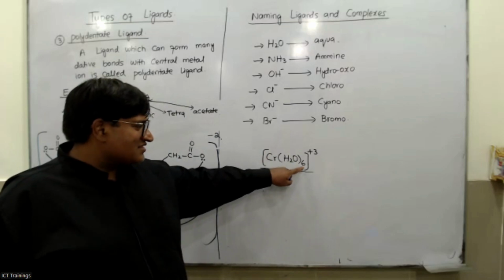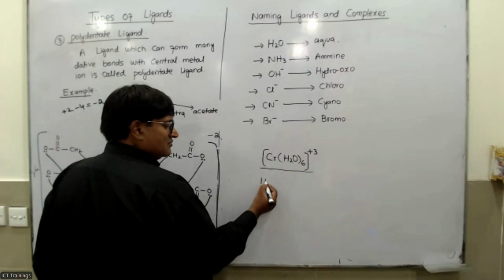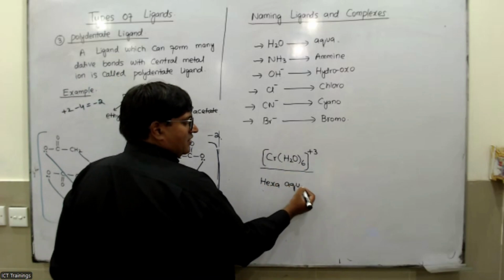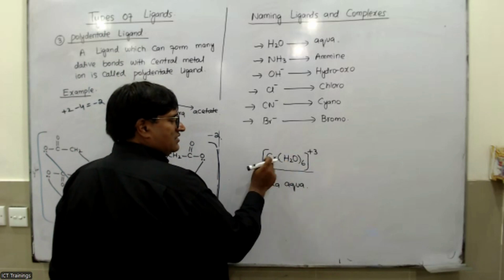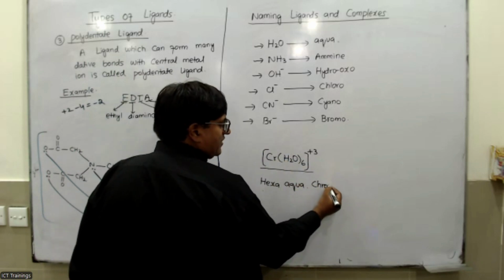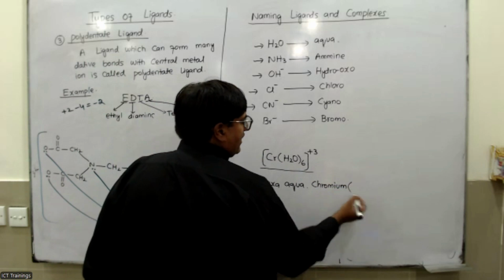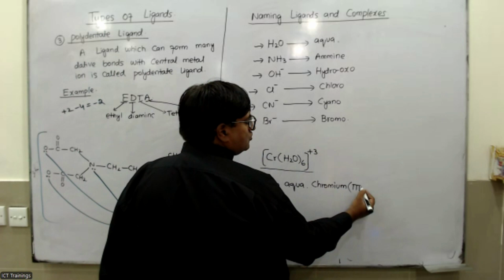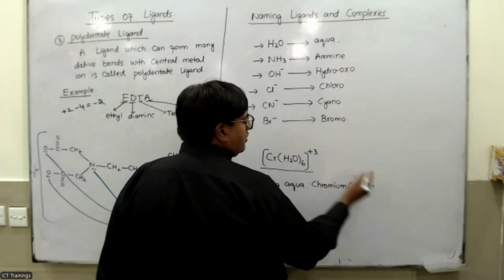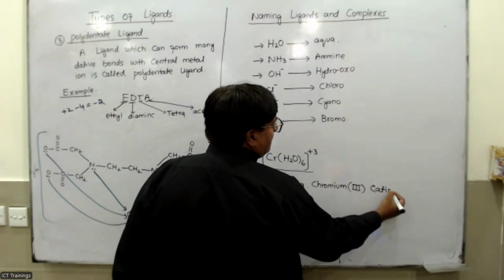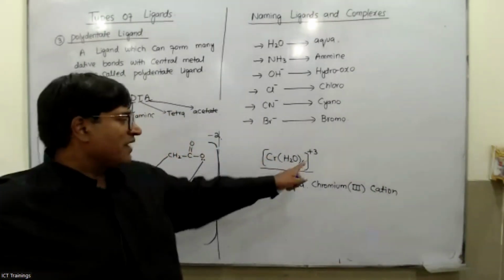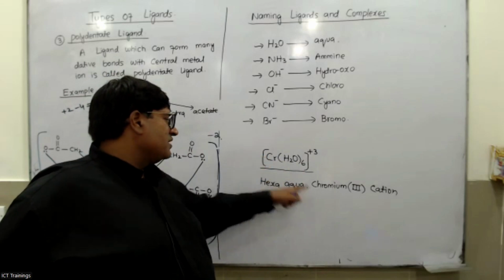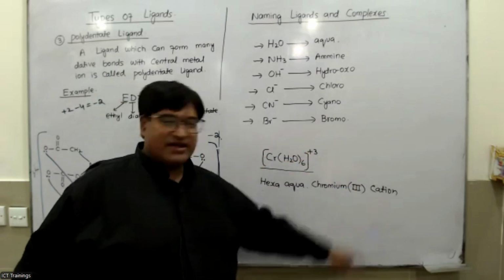So 6 means hexa, and water is aqua. Hexa, aqua, and then chromium. Chromium has the plus 3 charge, so in brackets you write 3, and it is a positive charge, so this is a cation. So the name of this whole complex is hexaaquachromium(3) cation.